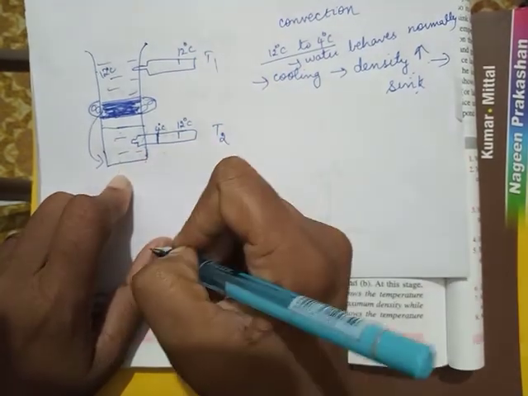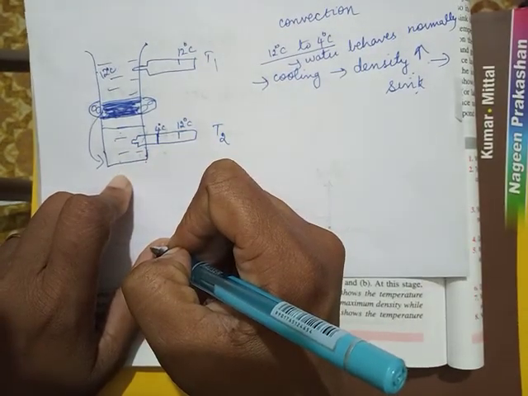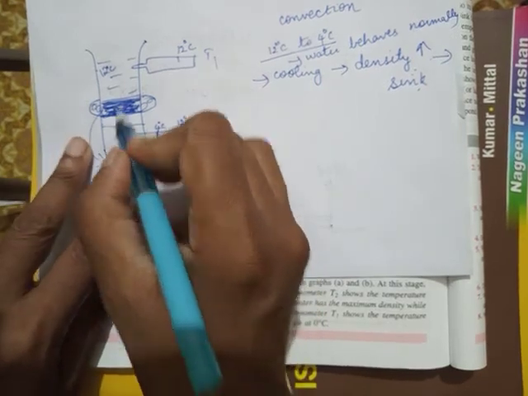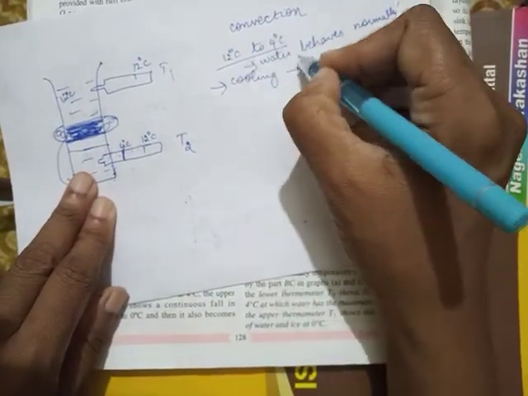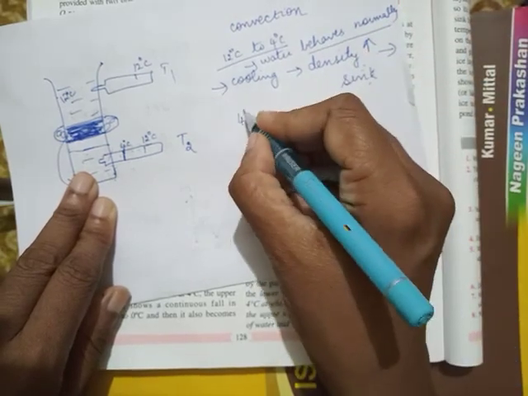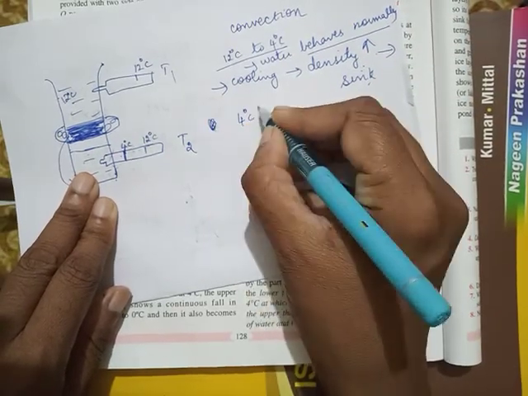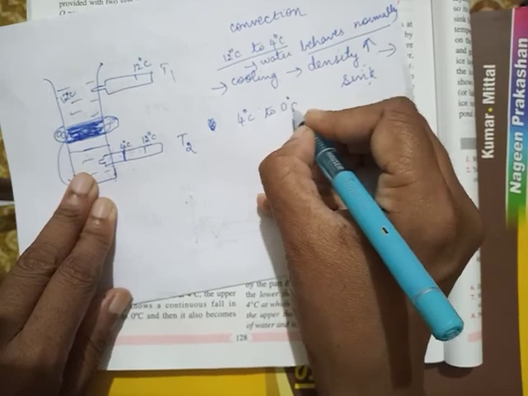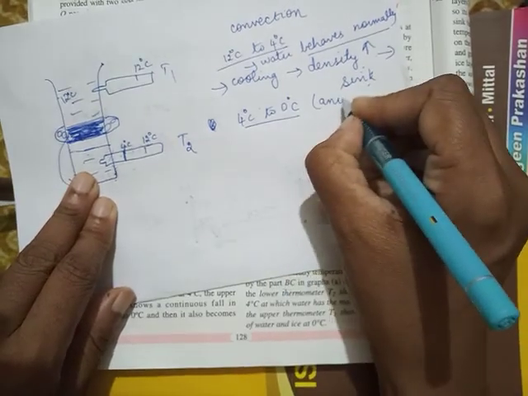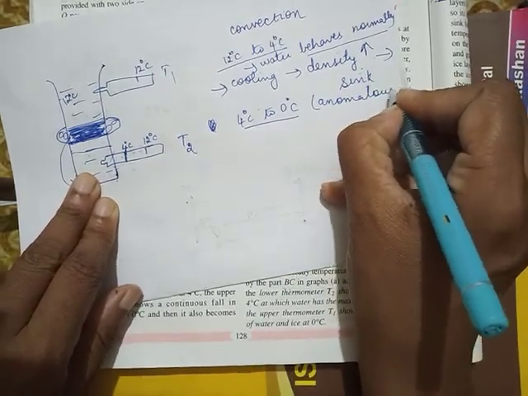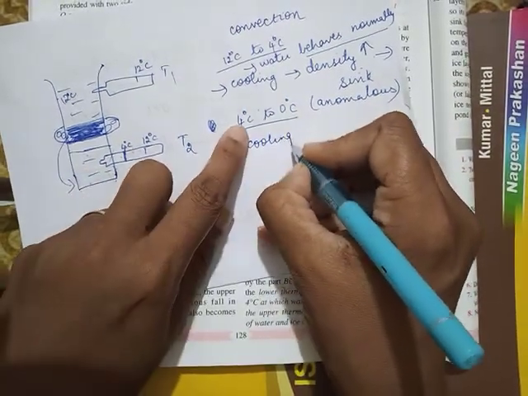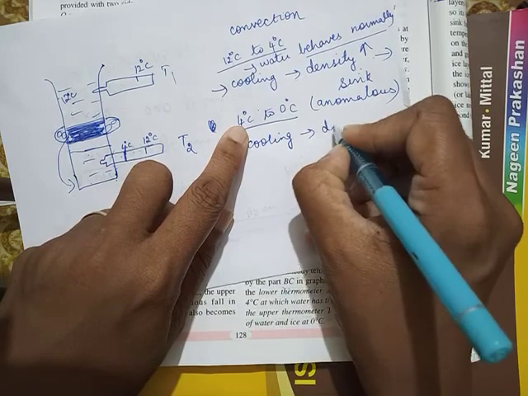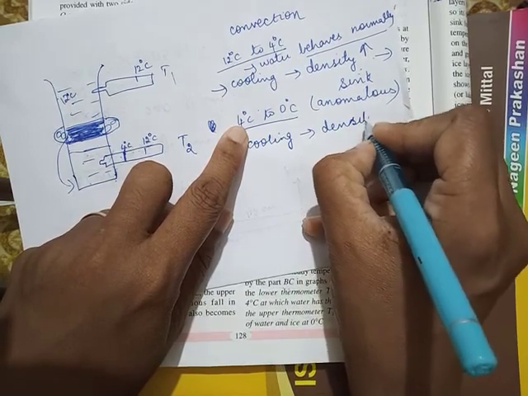It won't go below 4. Why is that so? Once it has reached 4, from 12 to 4 it behaved in a usual, normal way. Now, between 4 and 0, it's going to behave in an anomalous way. What is that anomalous way? Water on cooling from 4 to 3, density will start decreasing.